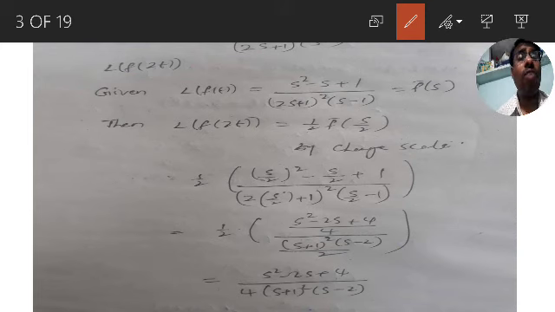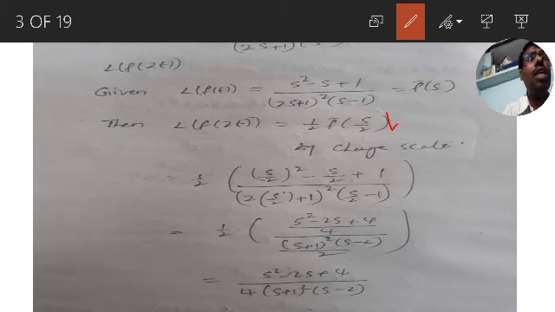So L of f of 2t. What is L of f of at? In change of scale property, L of f of at is 1 by a f bar of s by a. Instead of at, now you are having 2t. Therefore L of f of 2t is 1 by 2 into f bar of s by 2.